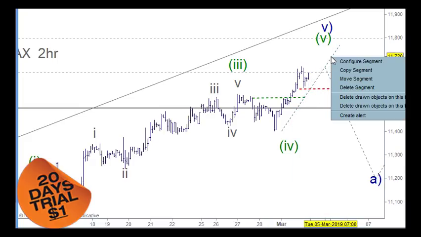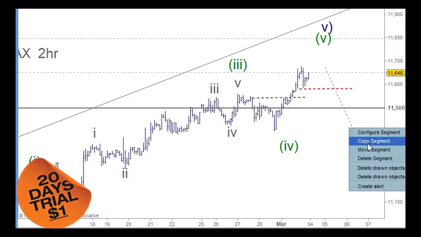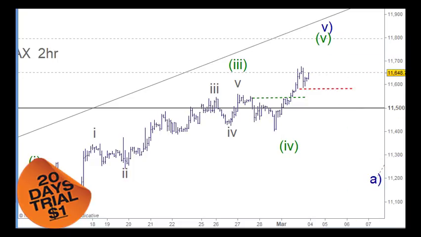So let's just clear a few of these things here. From this low here, this will be wave 1 and 2 here, and then this is wave 3 here with wave 4 pulling back, and we're looking for wave 5. So we'd want wave 5 to be somewhere up around the 11,720 mark here to finish that off.